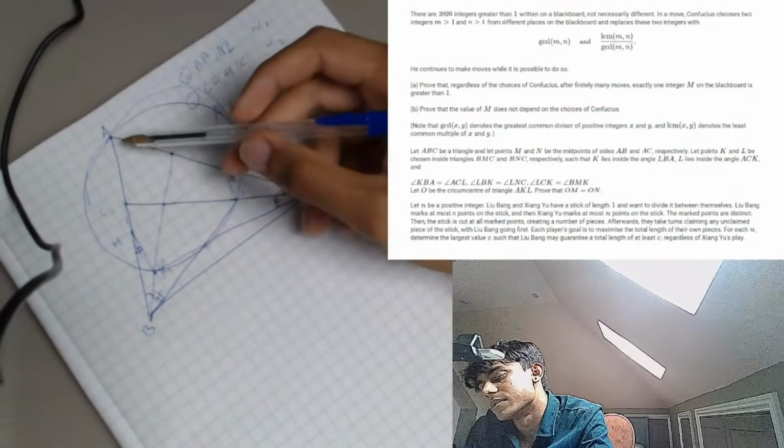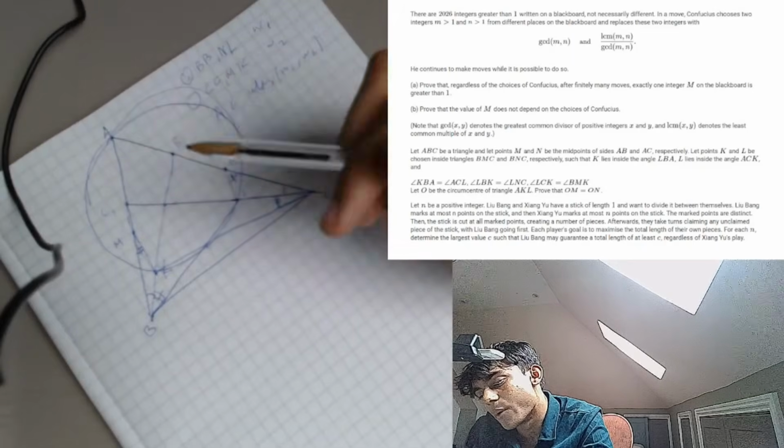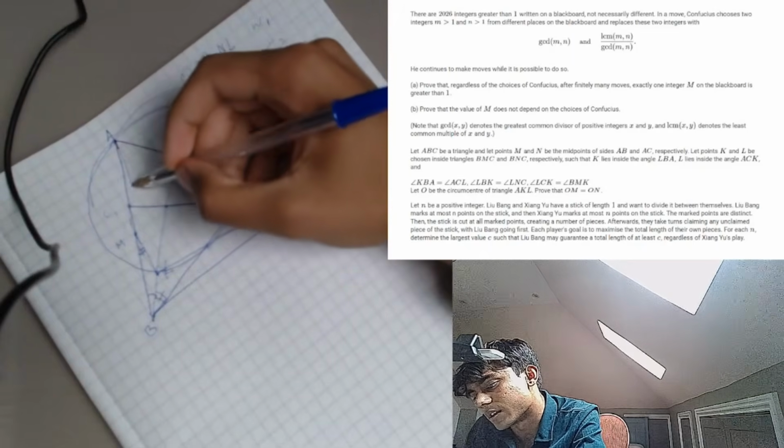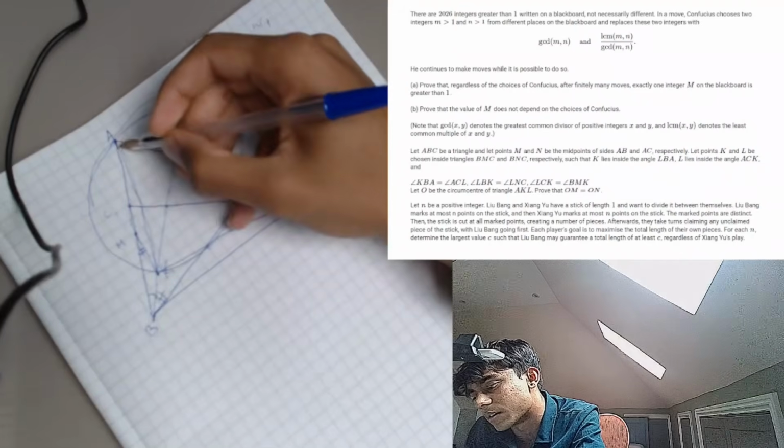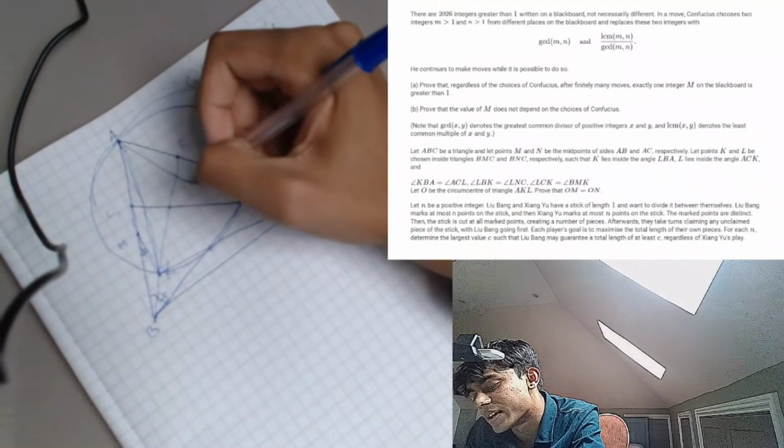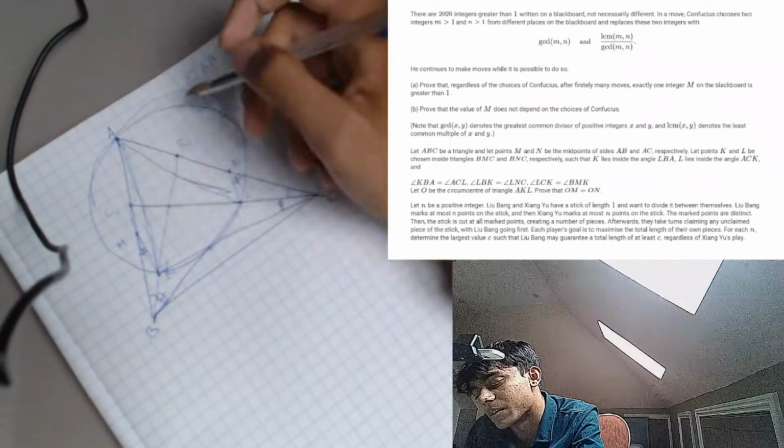I think we really need to get to know circle AKL. We don't know anything about circle AKL, or triangle AKL. A isn't really involved in the problem if you think about it.